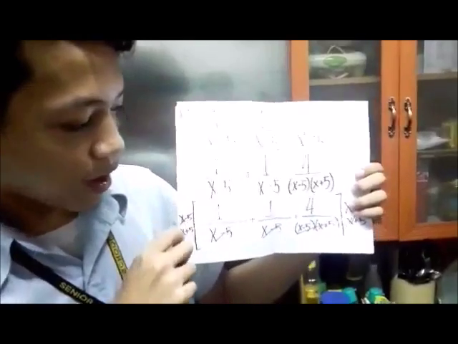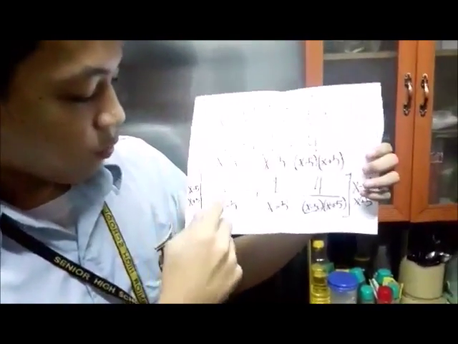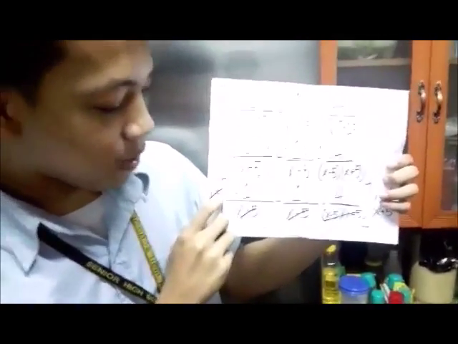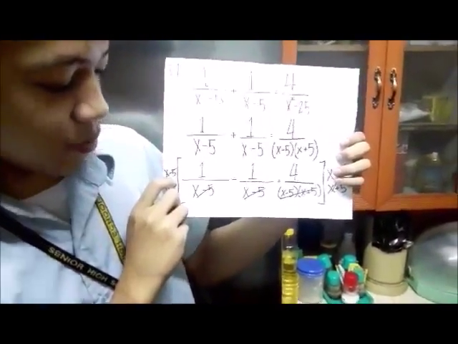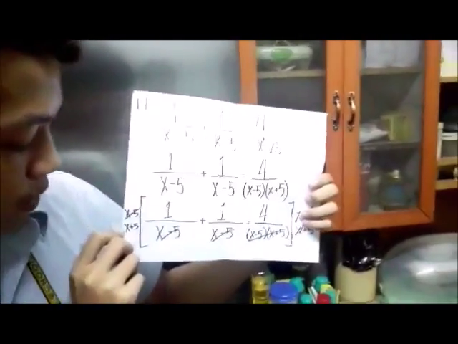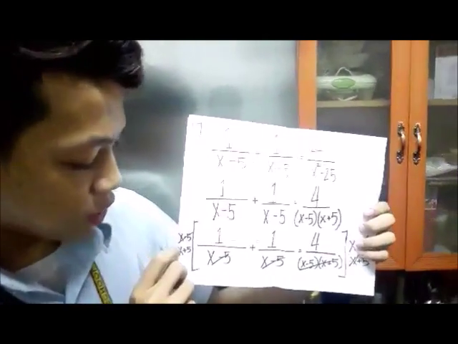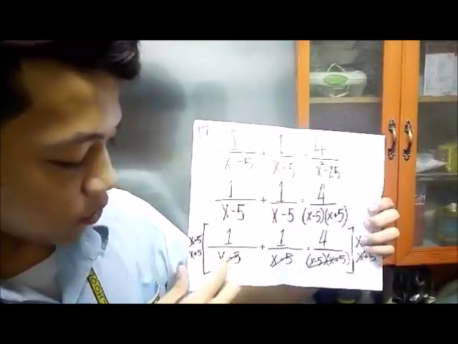So, LCD na. Mag-LCD ka. So, ang LCD mo ay x minus 5 saka x plus 5. So, ika-cancel mo yung x minus 5 tapos yung x minus 5.